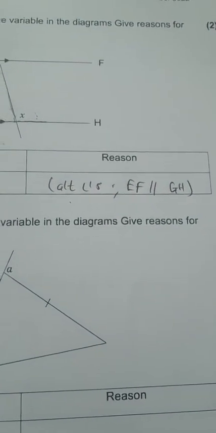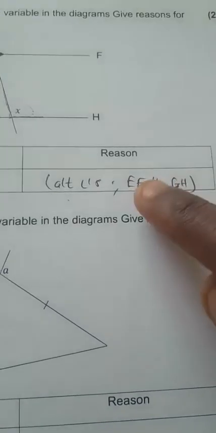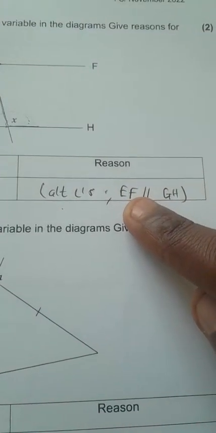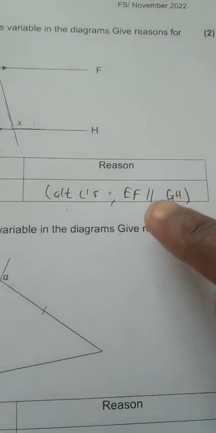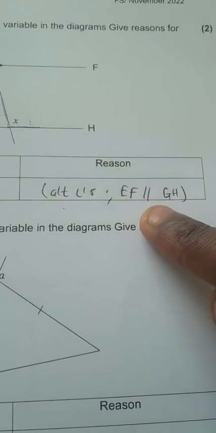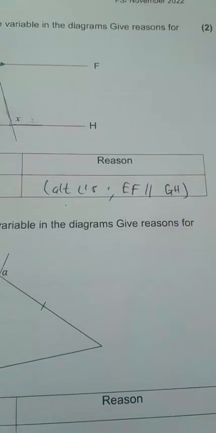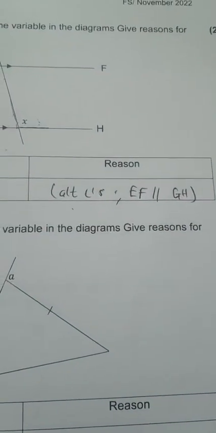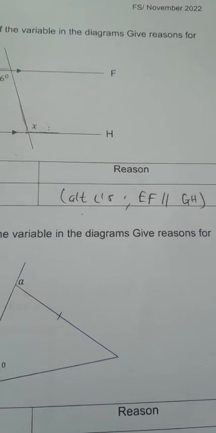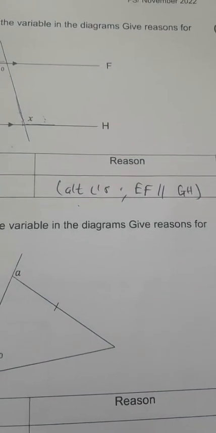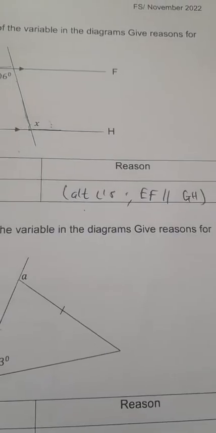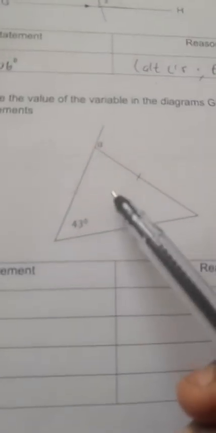For corresponding angles, the lines need to be parallel. For alternate angles, you also need to state the lines that are parallel for your reason to be complete. And then last but not least, for co-interior angles, your armpit angles, the addition of those two angles gives you 180 degrees. That's an important relationship.